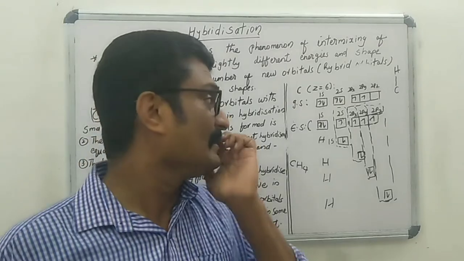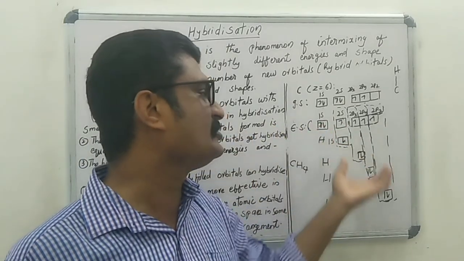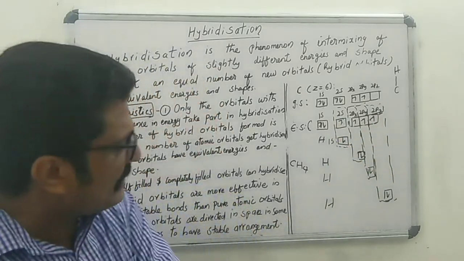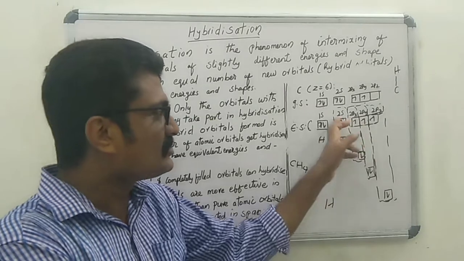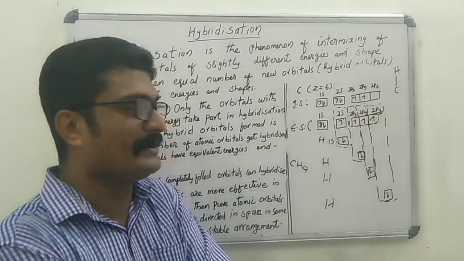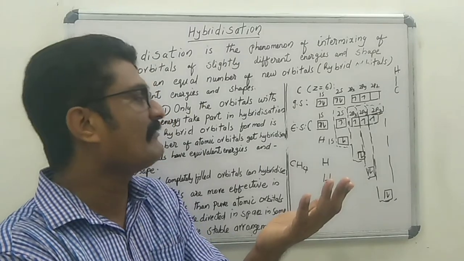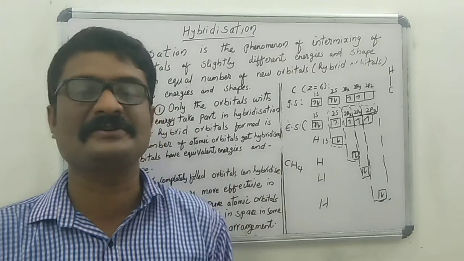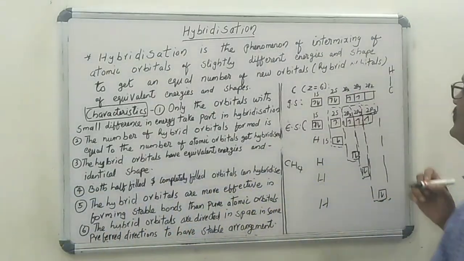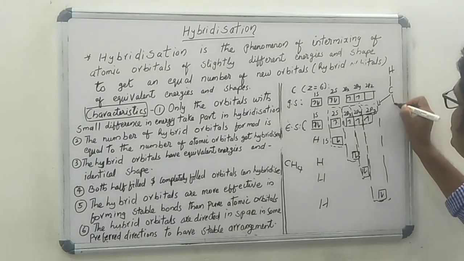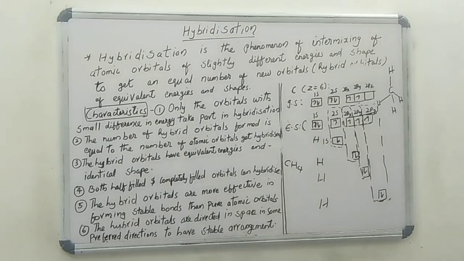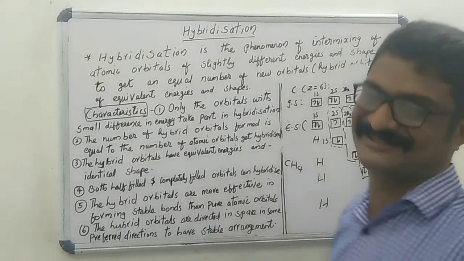According to valence bond theory, the individual atomic orbitals take part in bond formation. These 2s orbitals and 2p orbitals of carbon have different energy and shape. Actually our expectation is that these 4 CH bonds have different bond length and different bond strength.